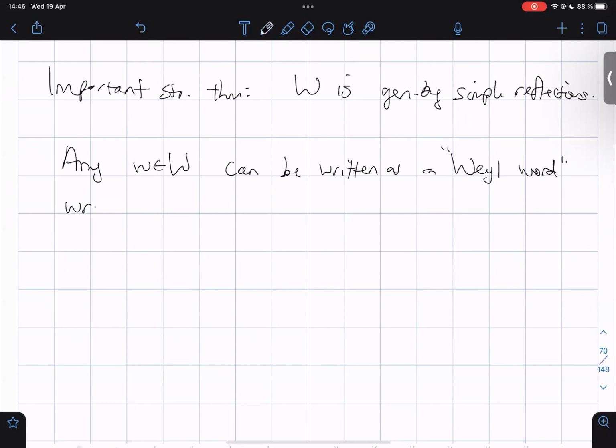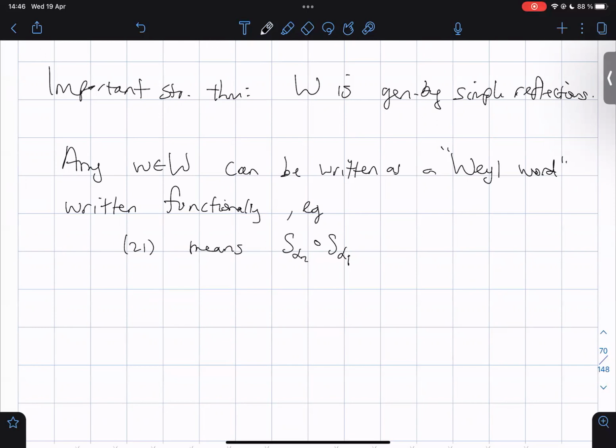And we're going to write it functionally, so basically right to left in terms of order. So for example, 2 1 means s_alpha2 s_alpha1. You do s_alpha1 first.